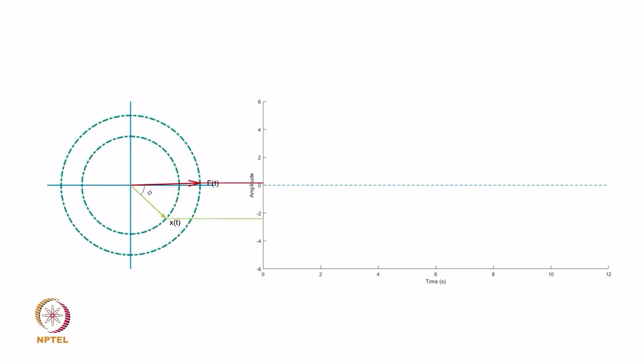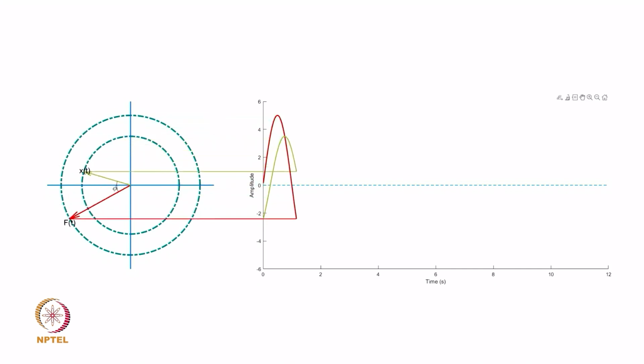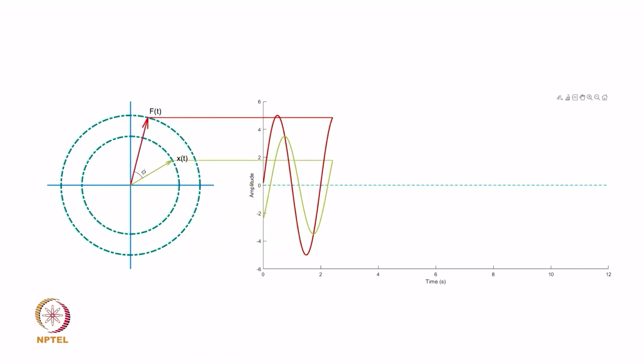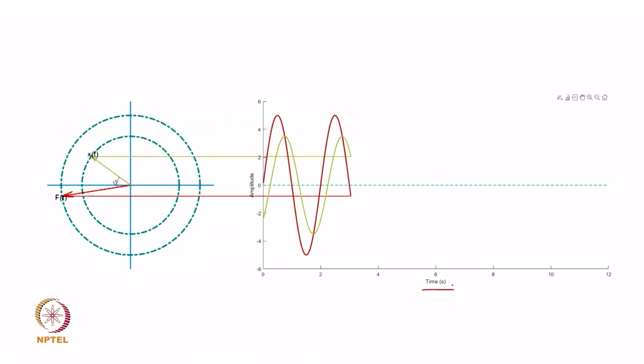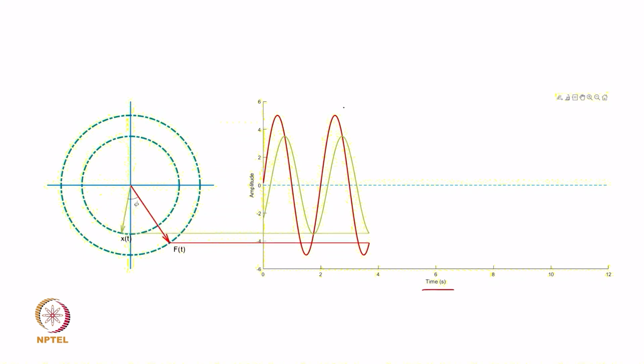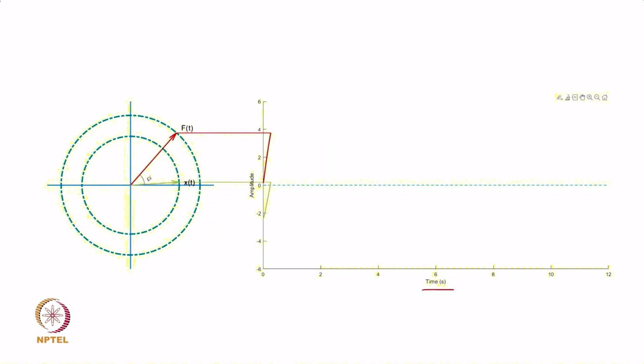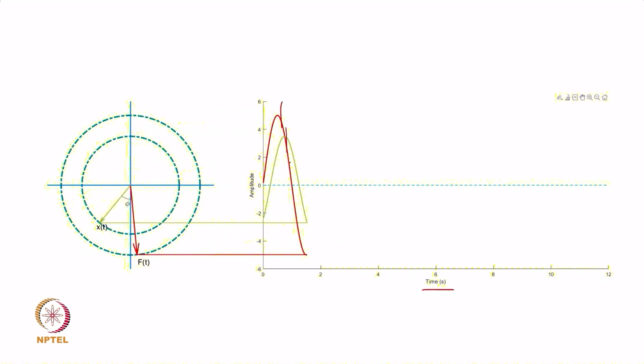Now, this animation also shows you how the force vector and response vector are moving, and how that translates into the time versus amplitude graph. Let me rerun this. You can see that the force reaches its peak and then the amplitude reaches its peak.